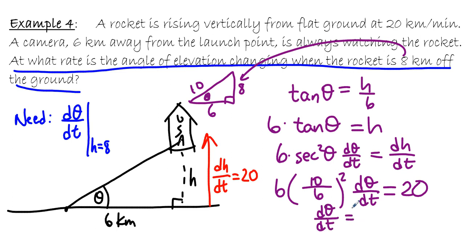It's not terribly difficult. So you got a 20 here. That's 5/3 squared. And then this comes over, and I imagine that this simplifies, but whatever that number is, in radians per minute.